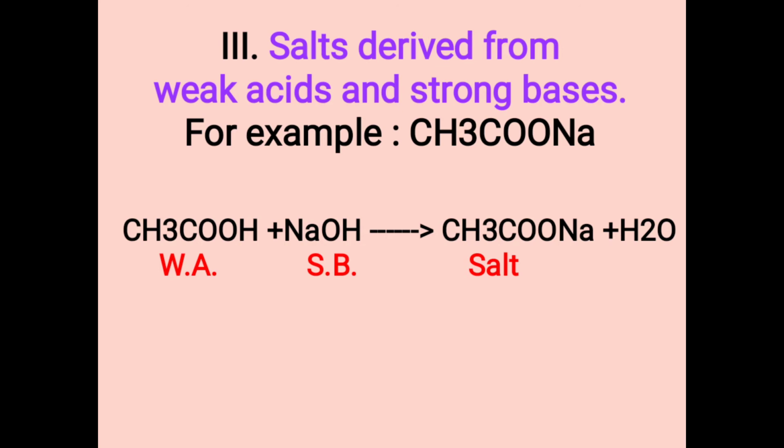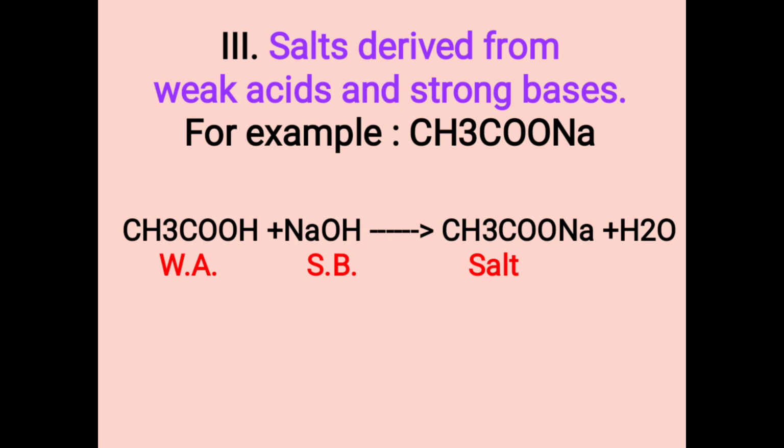Okay, Na plus is more reactive than H plus, so it can easily be replaced by the Na plus. Then there is the formation of salt, that is sodium salt of acetate. Formula of sodium salt of acetate is CH3COONa.